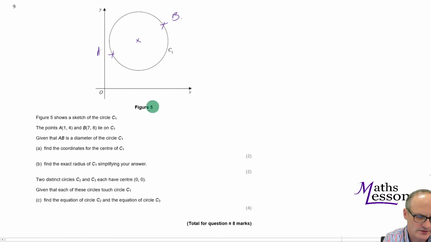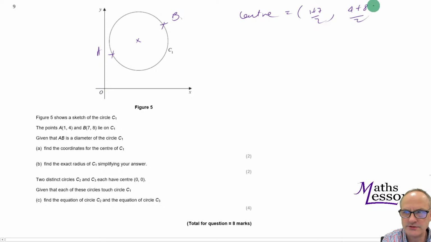So we can find the center is going to be equal to 1 plus 7 over 2, and then 8 plus 4 over 2. And that will give us 4, 6 for the center of our circle.